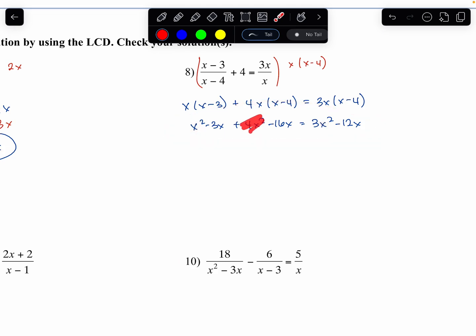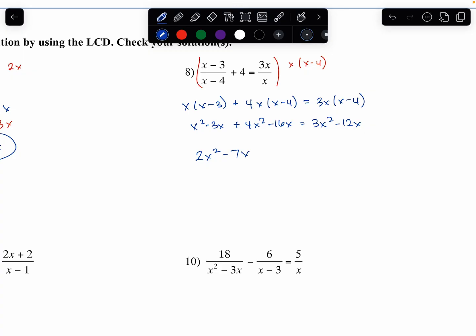So because I have 5x squared over here, I'm going to subtract 3x squared. So on the left side, I'm going to get 2x squared. And then I have a minus 3x and a minus 16x for a total of negative 19x. And I'm going to add 12x to give me negative 7x.